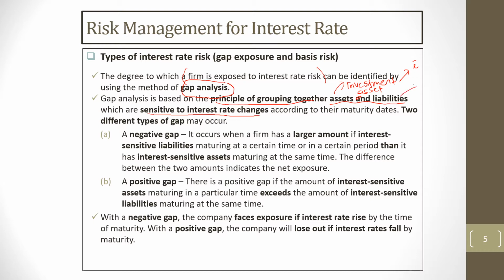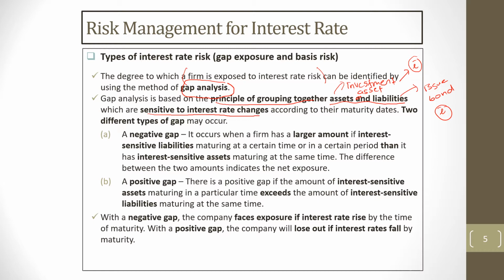For liabilities, for example, we issue a bond. When we issue the bond, of course we are involved in interest rates. So this is what we mean by grouping together assets and liabilities which are sensitive to interest rate changes. We look based on assets and liabilities.